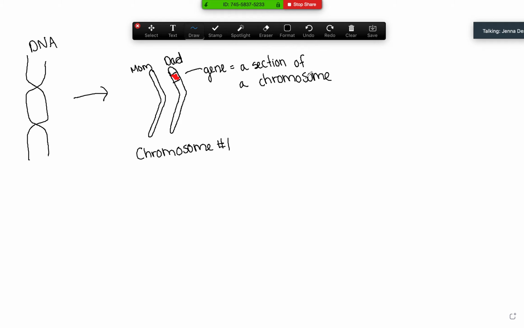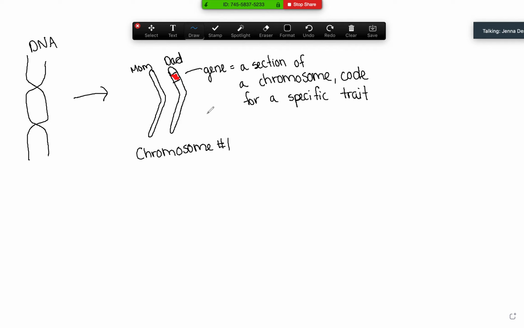And so that section of the chromosome will code for a specific trait. So sometimes genes are able to code and give instructions for making different enzymes or other different kinds of proteins. But in this case, I wanted us to talk a little bit more about just traits, okay? So for example, this could be a gene on here that gives instructions for determining eye color or hair color when you're born, okay? So that is one way that genes can be kind of relevant here, all right?